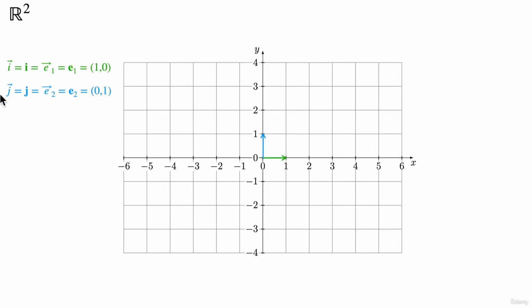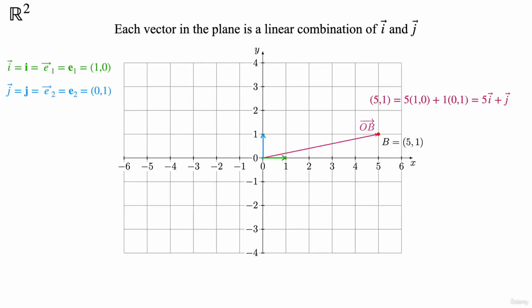And this vector is called j, so you can either write j with an arrow or fat j, or you can call it E2, fat letter E, or E2 with an arrow. And what is so special with these two vectors? Well, they are unit vectors in the direction of the axes, and each vector in the plane is a linear combination of I and j.